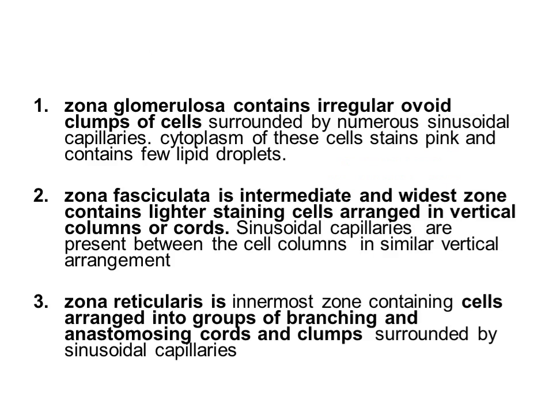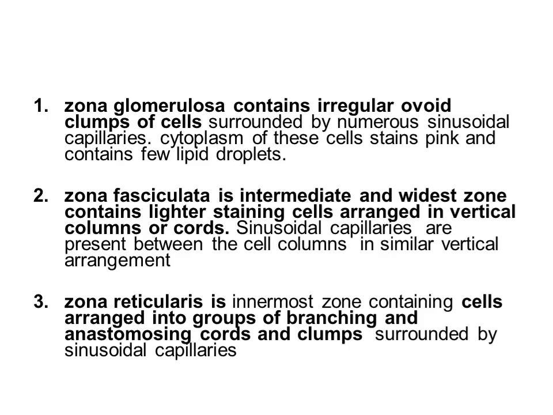Now, what are the characteristics of the cells present in the zona glomerulosa? They are ovoid, or arranged in clumps, that is, the formation of glomeruli, surrounded by a number of sinusoidal capillaries. Their cytoplasm stains pink and contains few lipid droplets when compared with the zona fasciculata.